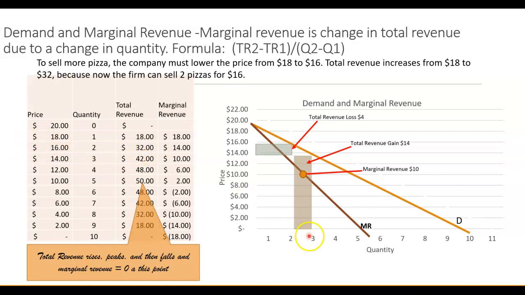So our total revenue, $16 times 2 pizzas, is $32. What happened to our incremental revenue? Well, what is the change? Recall that the formula for marginal is always the same. In this case, we're taking total revenue 2 minus total revenue 1, divided by quantity 2 minus quantity 1.